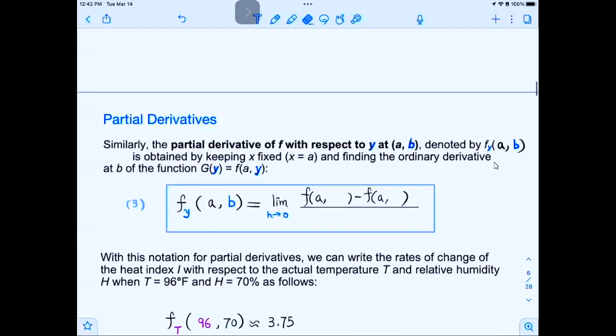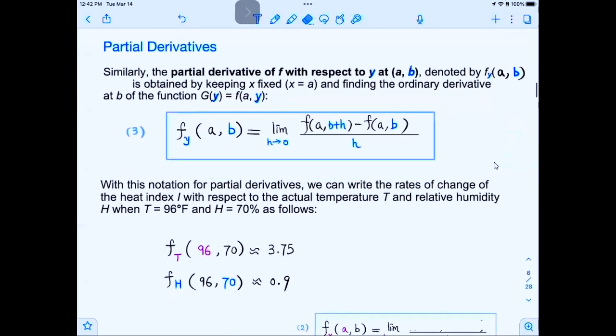So we fix the first component, and then we have the second component value, the y component value. So the first component we fix is the a, and what should I put over here? b plus h, and here b, and here h, right? Okay, good.